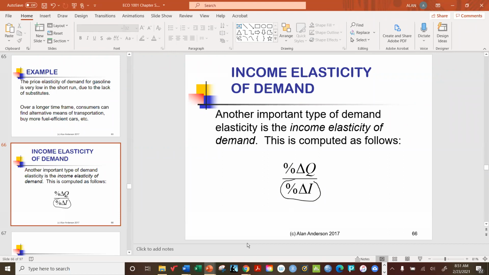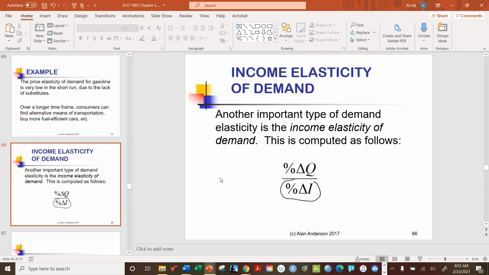Now, this one is a little bit more straightforward, I guess you could say, because we're basically here only confronting two possible situations, normal goods and inferior goods. We're just sort of lumping everything together into these two broad categories, normal goods, inferior goods.